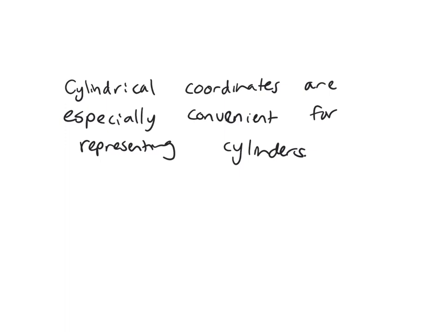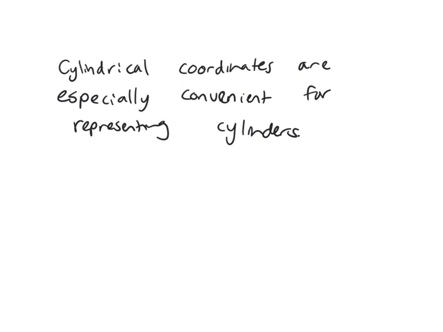The name is kind of fitting, right? They don't choose the name out of thin air. Cylindrical coordinates make you think of cylinders, and that's exactly why we have them. It makes it especially nice when we're looking at cylinders.